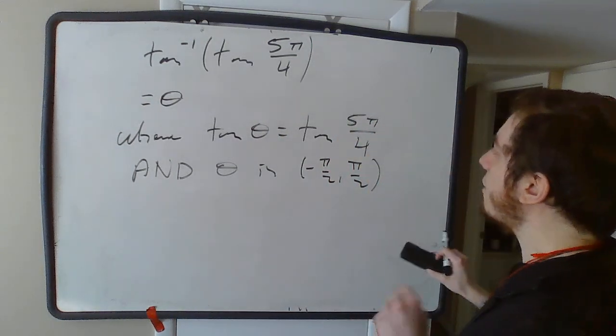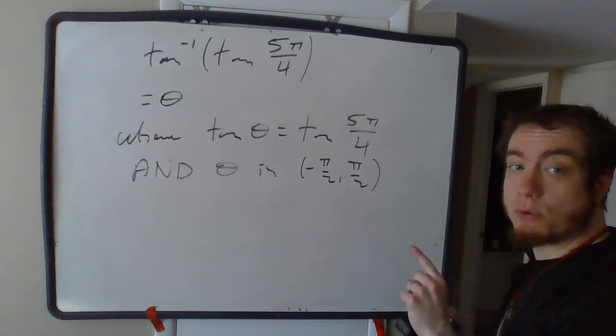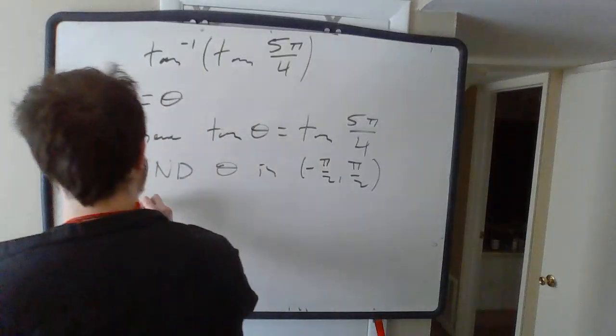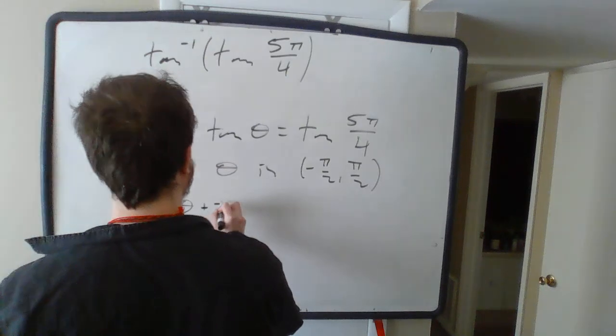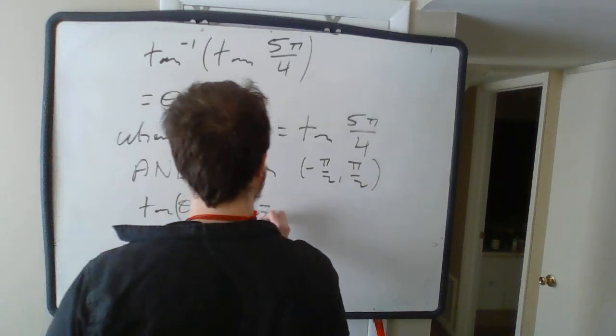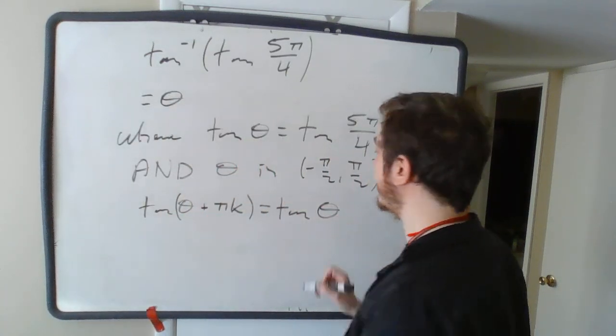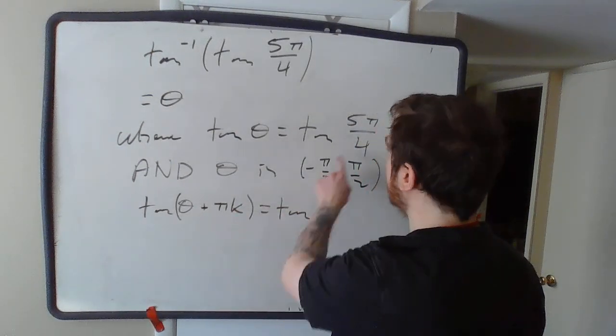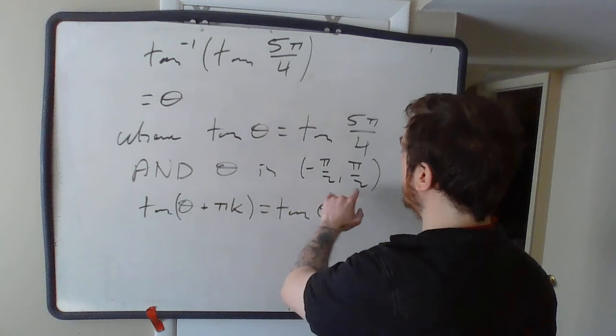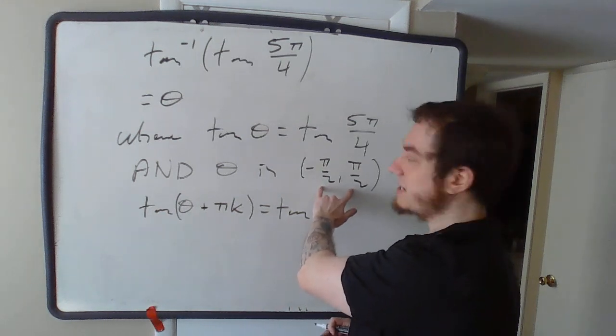Okay, so how can we do that? Well, here's the thing to remember. Tangent of theta plus pi times k is the same as tangent of theta. So I just need to add or subtract multiples of pi until I get something which is in this interval here.